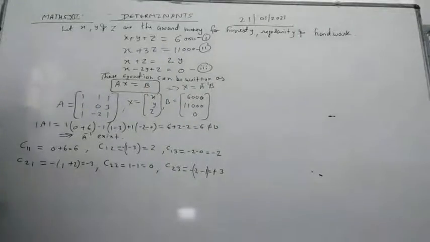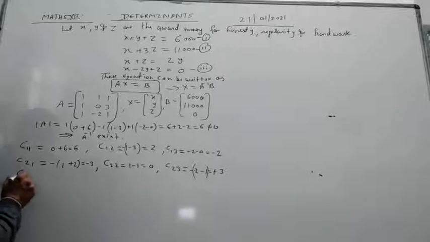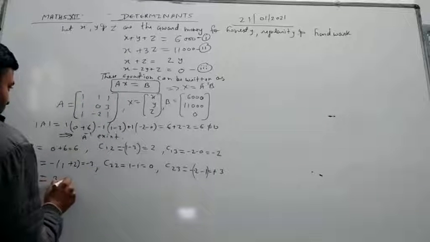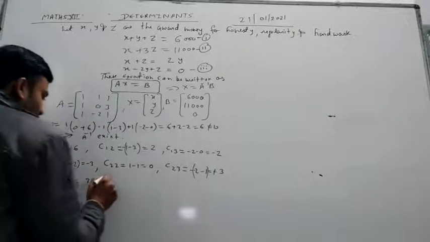Now student, you will find, so C11 is 6, C12 is 2, and C13 is minus 2, C21 is minus 3, C22 is 0, C23 is 3. Now students, C31 is this cancel, so 3 minus 0, which is 3.